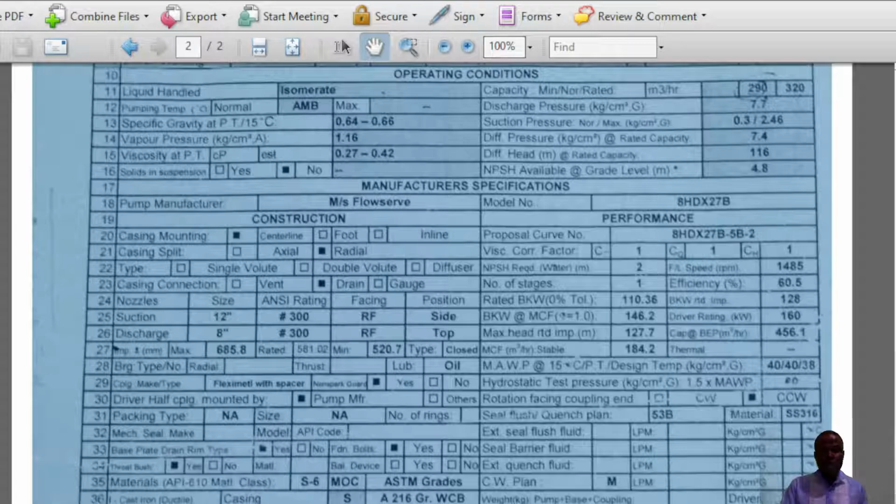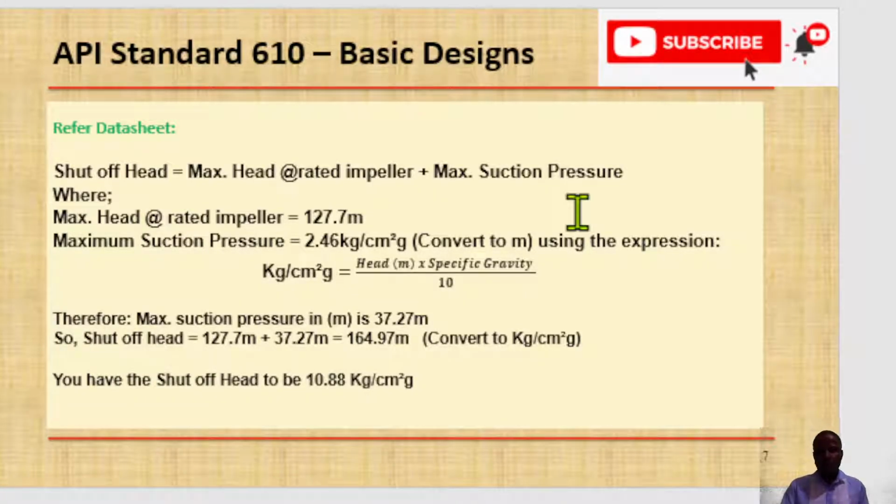What you will do next, don't forget, your maximum suction pressure is in kg per centimeter square gauge, so you need to first convert it to meter using this expression.